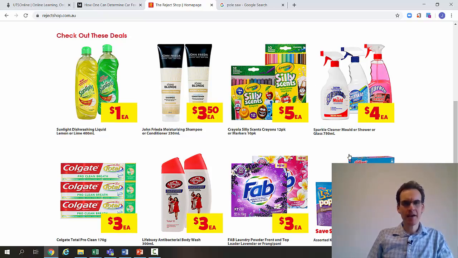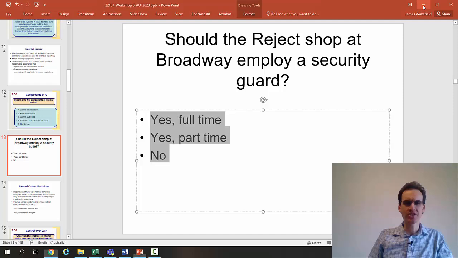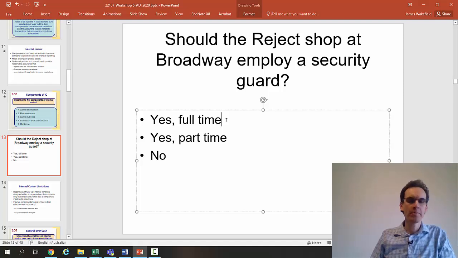So this may have affected your judgment you use when you selected the answer to the question that I just asked you. Now, some of you would have said full time. And if you perceive that there's a high risk that thieves will steal things persistently throughout the store opening hours, then of course the security guard during the full time the store is open, so they are employed full time, would be relevant.